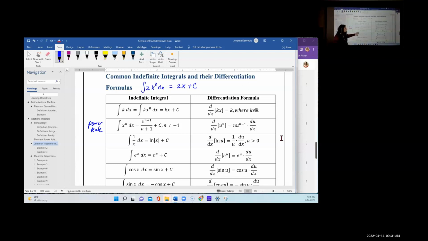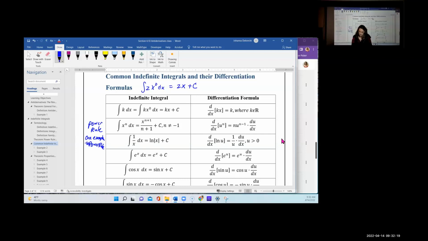Now, this next one is important because it is the one exception to the power rule. Why would it be an exception to the power rule? What is it about 1 over x dx that would make it an exception to the power rule? Divide by 0. Bingo.